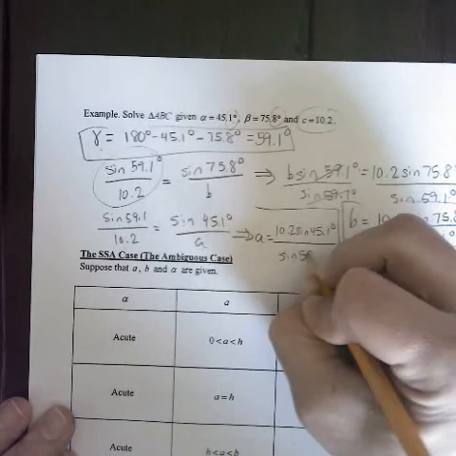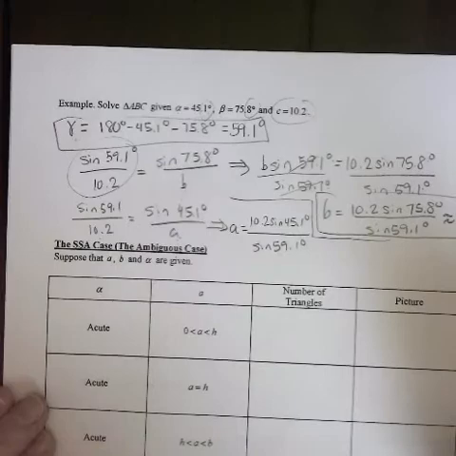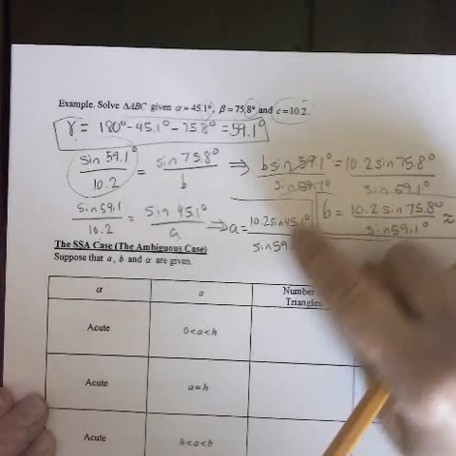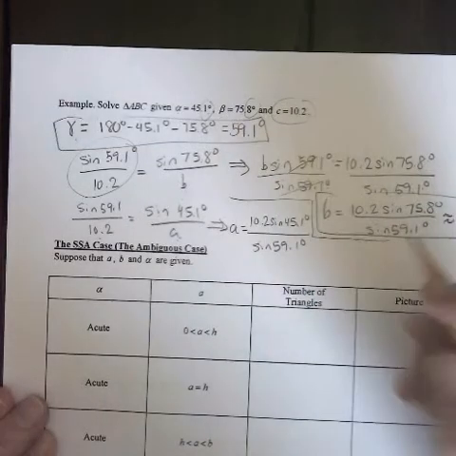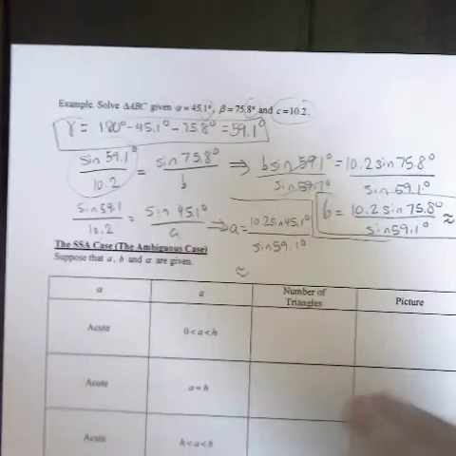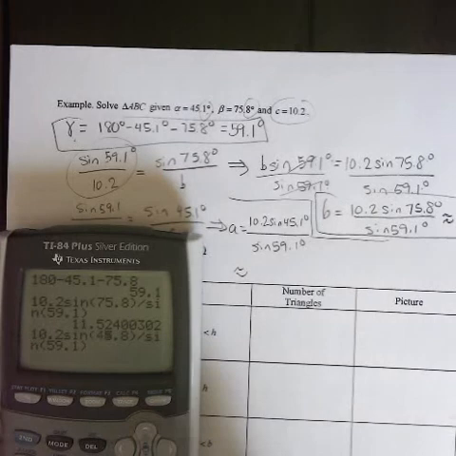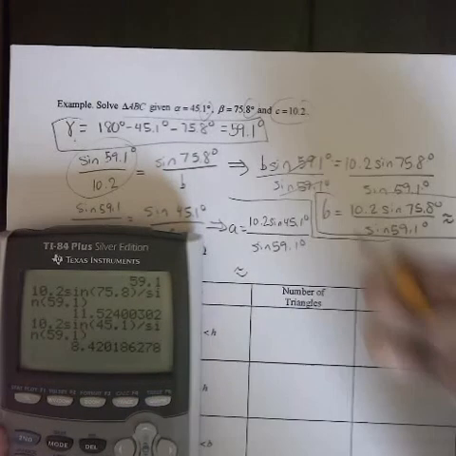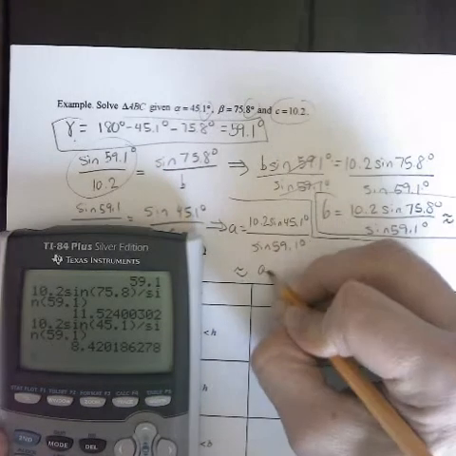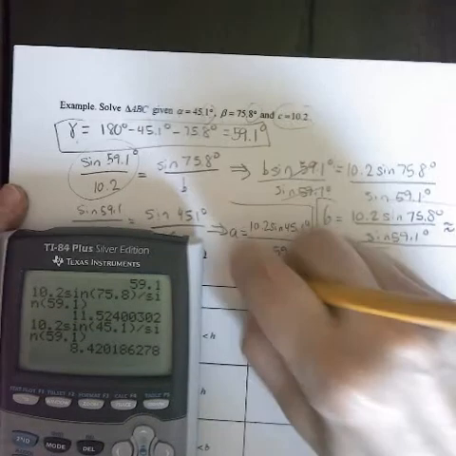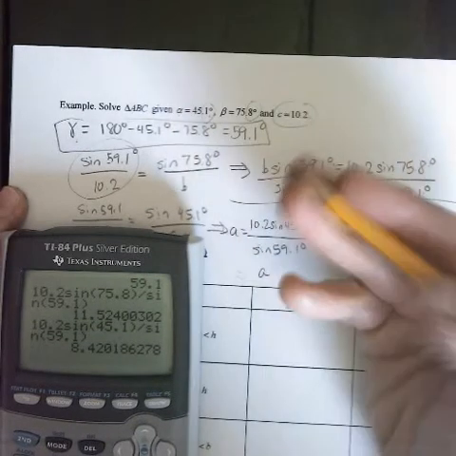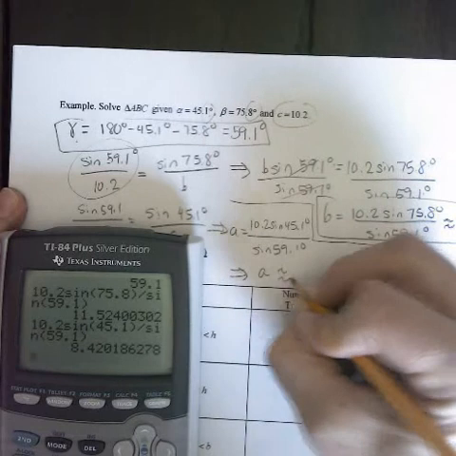So notice the angle is what changes, right, in our work, and then just throw that in the calculator. The only thing that changes is this becomes 45.1. And we get A, whoops, I should have put A over there. Oh, excuse me, A is approximately 8.4 if we round to one place.